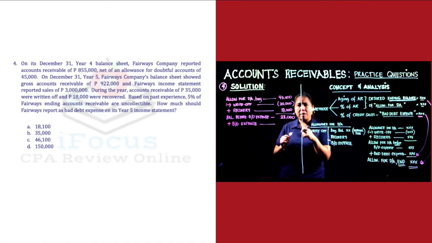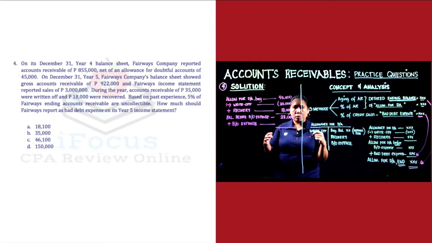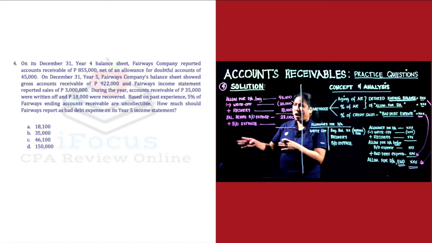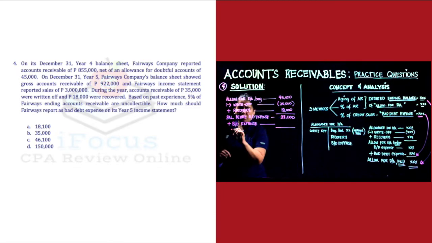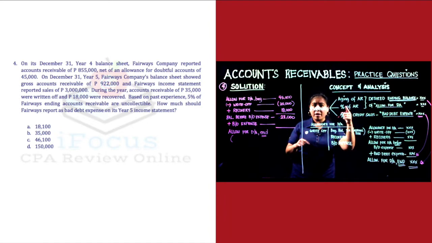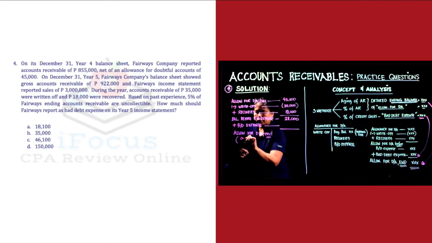So, hindi pa natin alam kung magkano ang bad debts expense natin. Pero, malalaman natin by calculating our desired ending balance of our allowance for doubtful account. So, ito po yung allowance based on our percentage of the accounts receivable of 922,000.